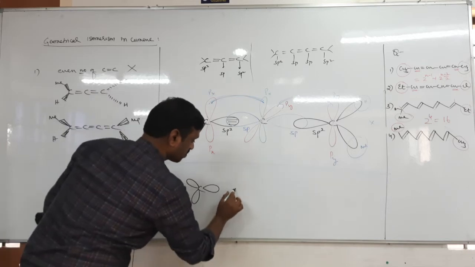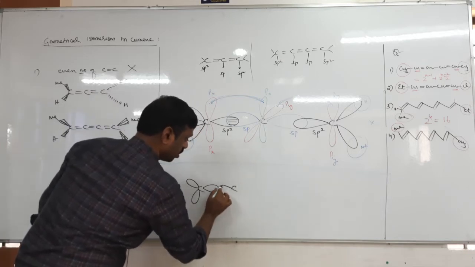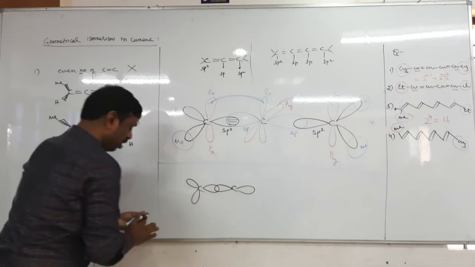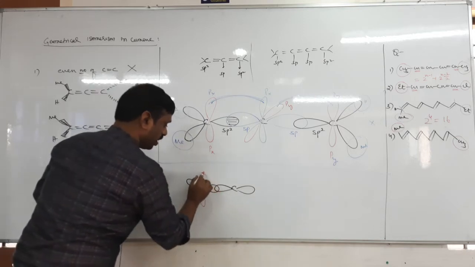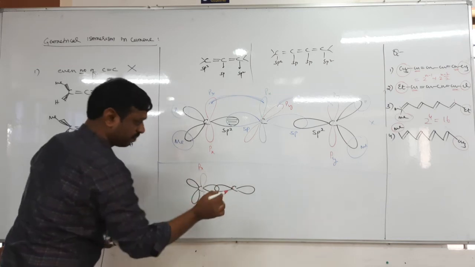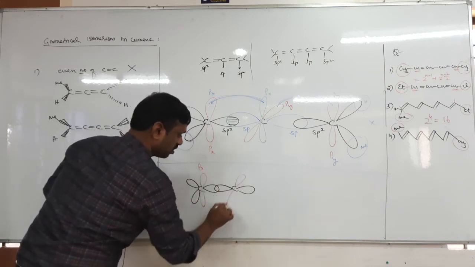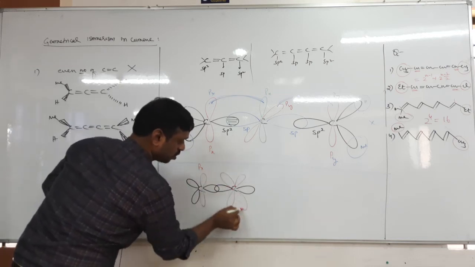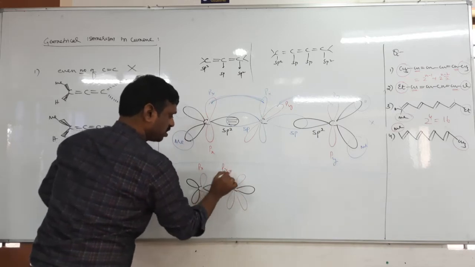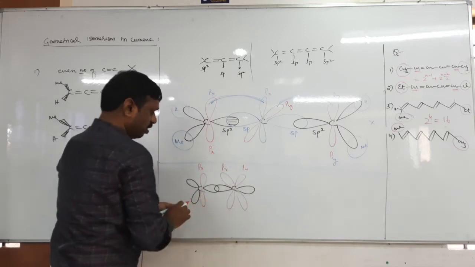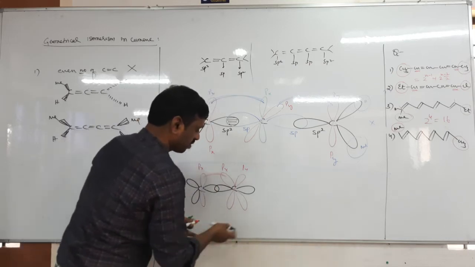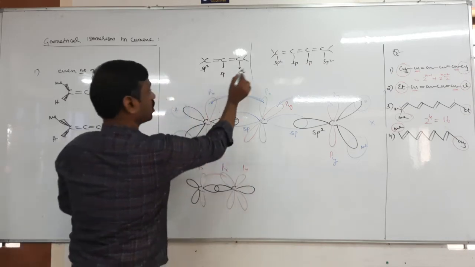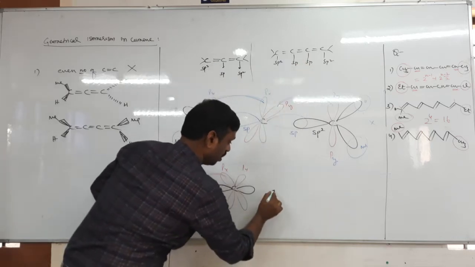Second carbon is sp, which means 2 sp. If it is sp2, it has 1 unhybrid p orbital, which may be px or py. If it is sp, it has 2, one is a px, another is a py. Next, px overlaps. Next, the third carbon is again sp. This undergoes what?